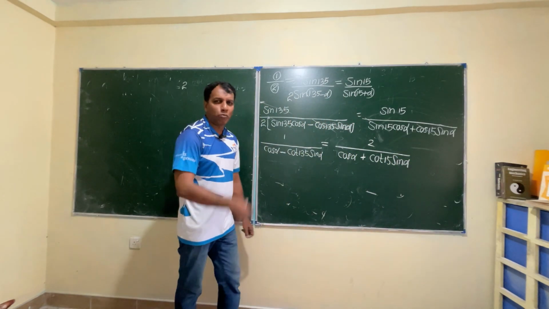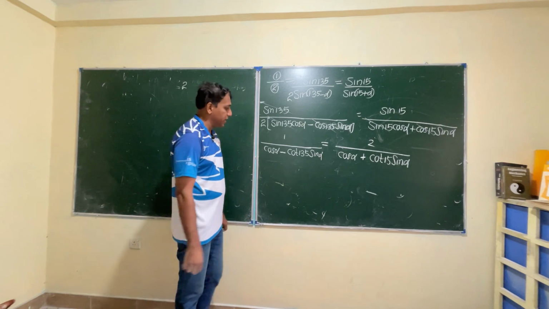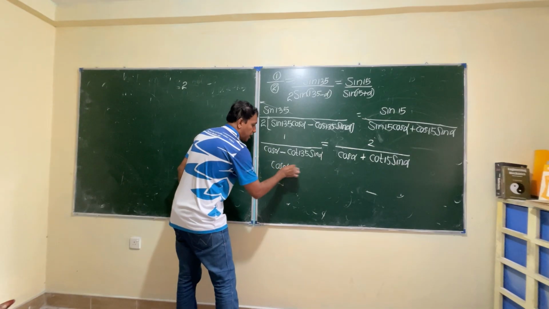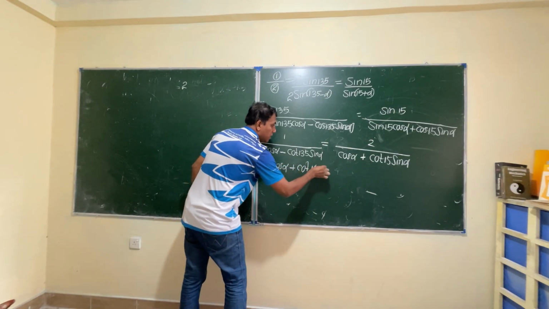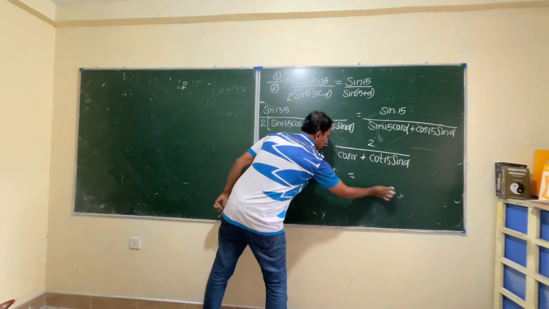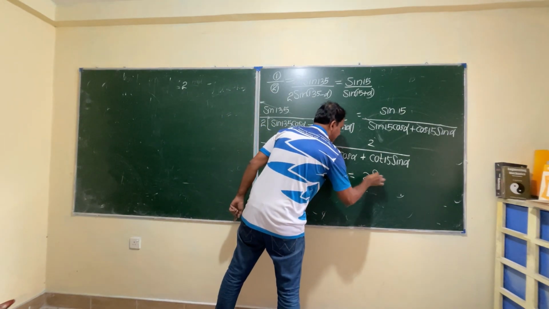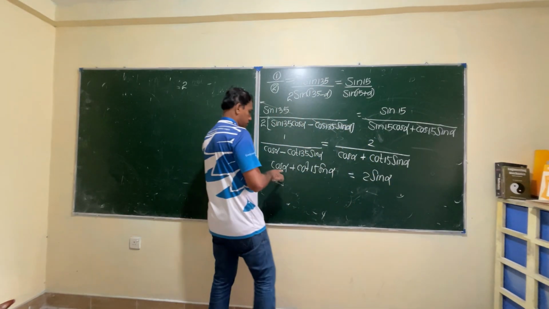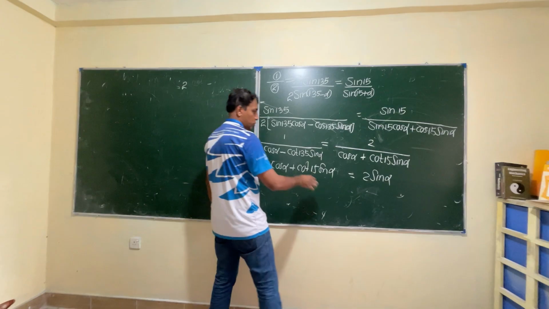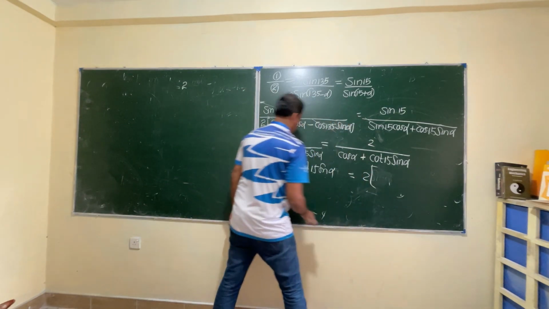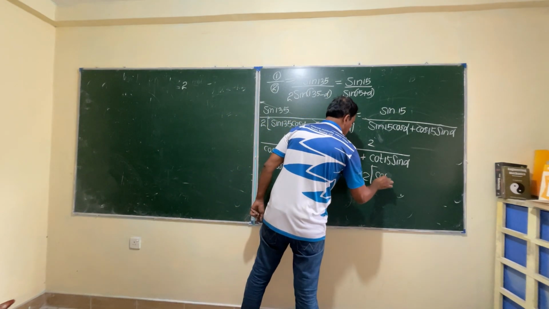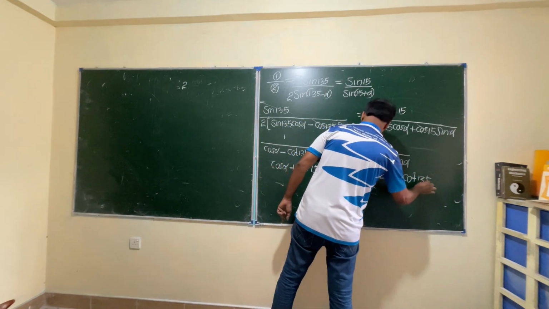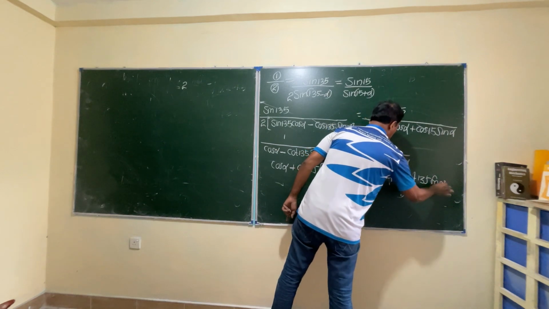There's a surd value for cot 15 degrees. Now can I cross multiply here? Cos alpha plus cot 15 sine alpha equals, cross multiply, 2 into this, 2 cos alpha, minus cot 135 into sine alpha.